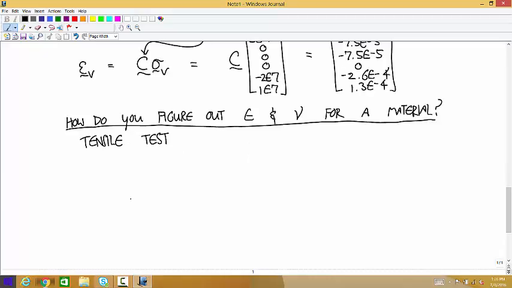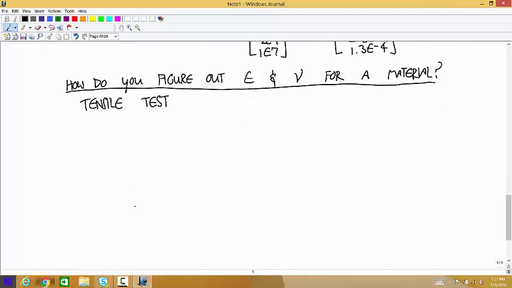So you take a sample piece like this, and you clamp the two ends. And you make two marks on the material and apply forces here and here.